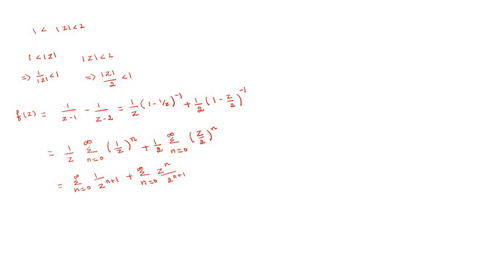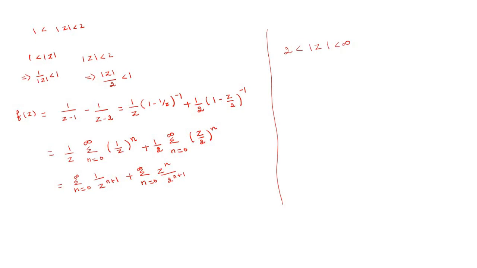So similarly the third case: the third possibility is 2 less than mod z less than infinity. So here 2 less than mod z, which implies 2 by mod z should be less than 1.